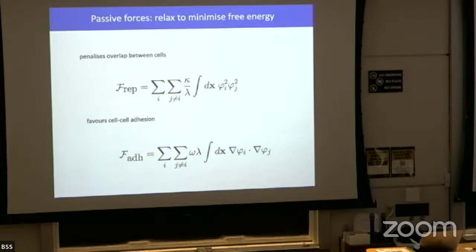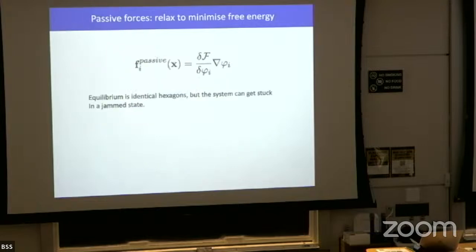All right, don't worry about the exact details. The important thing is the cells don't want to overlap with each other too much, okay? But then you don't want them flying off, so they're single cells. So you also put in an adhesion term between the cells, so that what you end up with is basically a load of cells which are stuck to each other, but not stuck so hard that they can't move relative to each other.